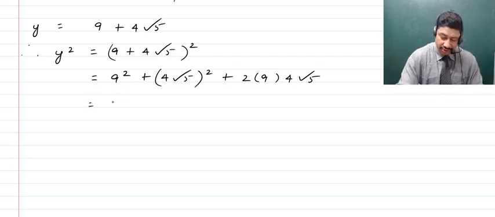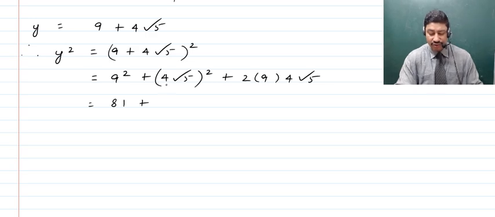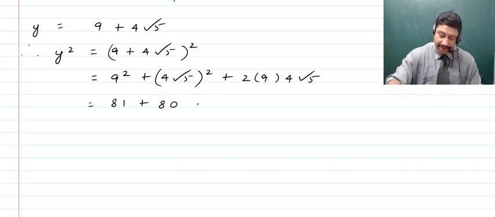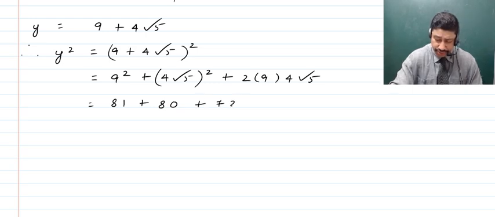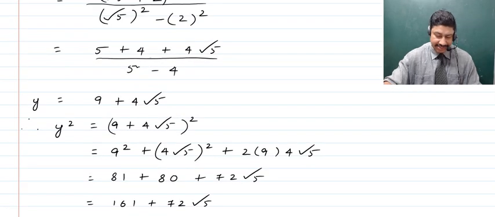So children, this is going to become 9 square, which is 81, to which is added 4 square, which is 16, and root 5 into root 5 is 5. 16 into 5 is 80, so plus 80. And then further we have 9 into 4 is 36, 36 into 2 is 72, so plus 72 root 5. So children, this can be written as 161 plus 72 root 5, which is the value of y square.